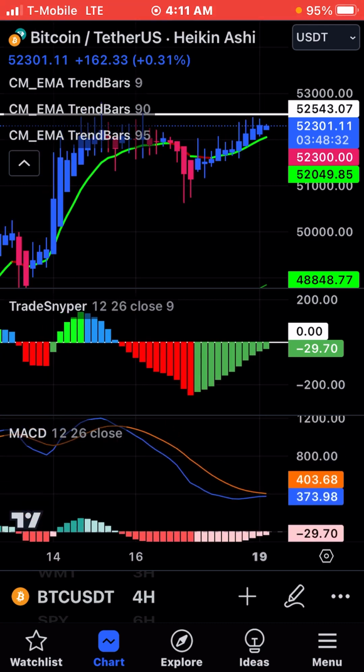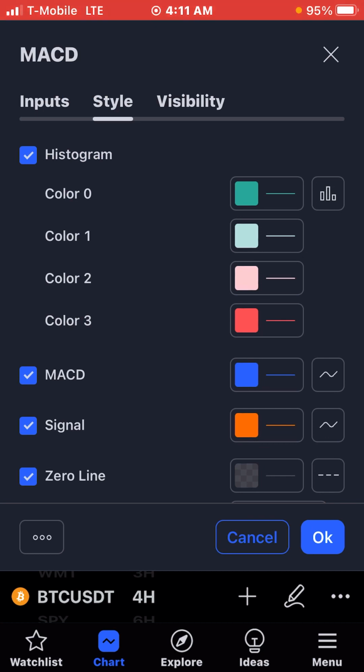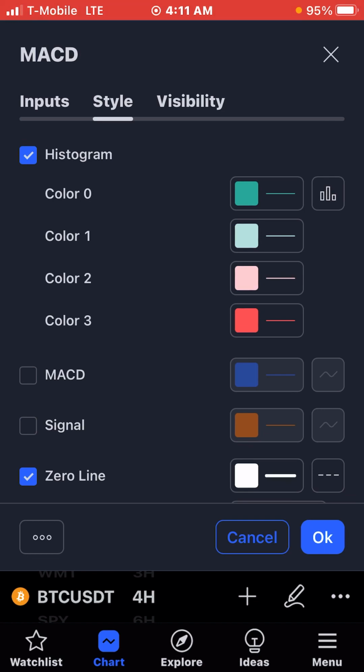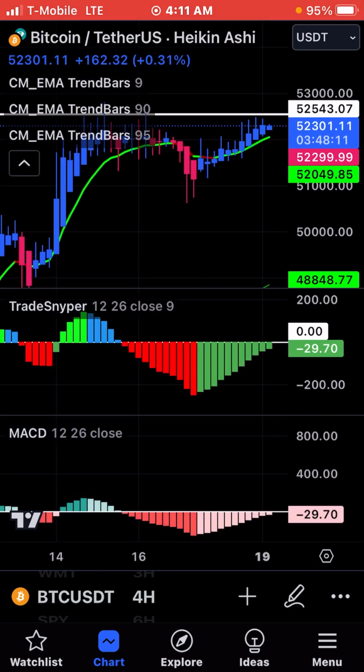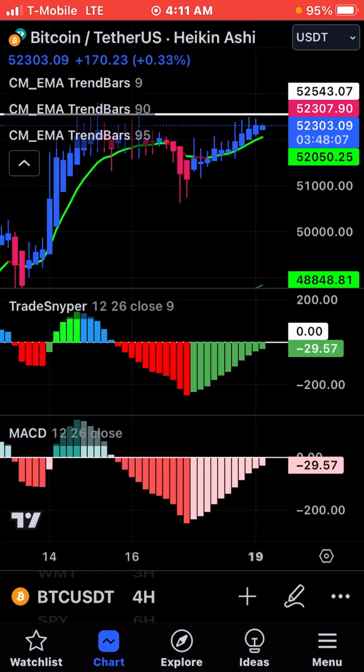So anyway, if you want to make this close to Trade Sniper, you basically just get rid of MACD and signal, just like before, and turn on the zero line. I find that helpful because of my strategy, even though you don't see that on Trade Sniper. And what you basically do is change the colors just like Trade Sniper.